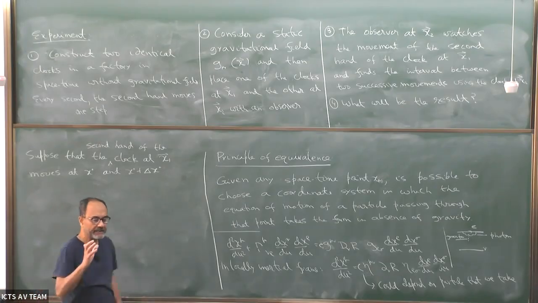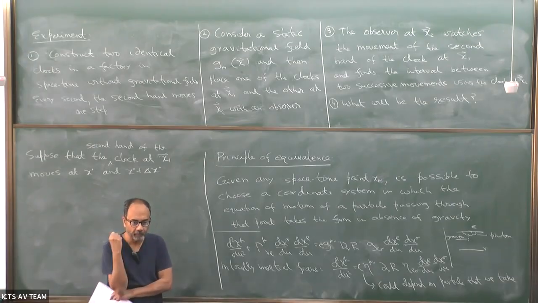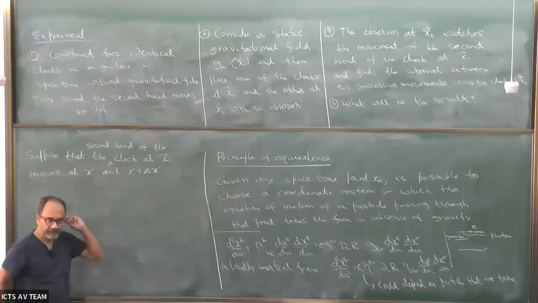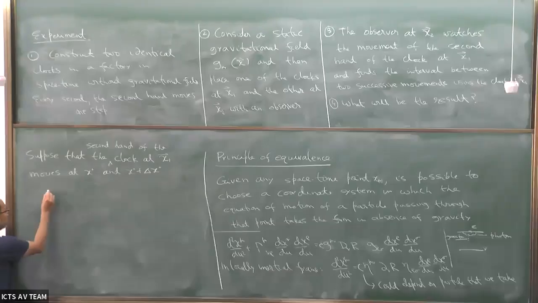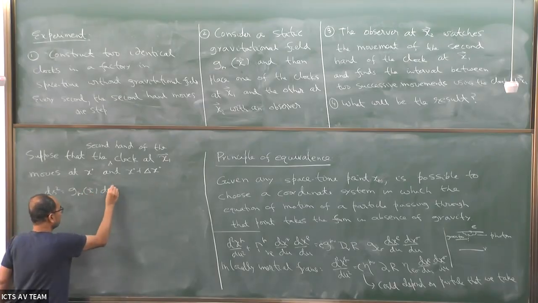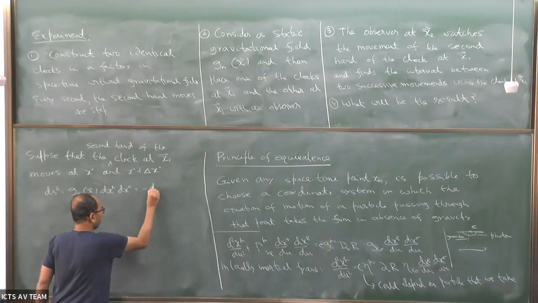The reason that it may not be 1 second is that there is a gravitational field present, and we don't know how the gravitational field will affect the movement of the clock. We can figure this out using the formula for ds squared, which is g mu nu in this case at x, and this is also minus d tau square, in terms of the proper time.